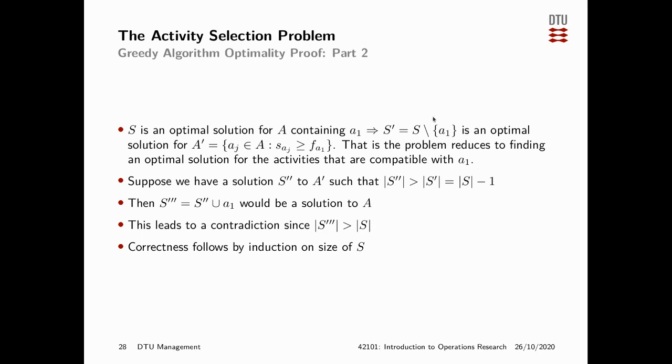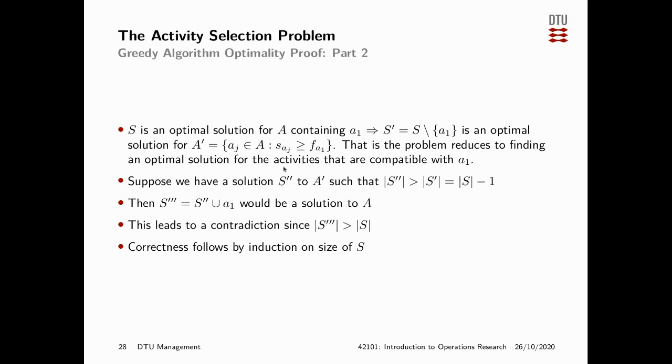And we know the cardinality of this set is just the cardinality of S minus 1 because I'm removing one activity. I'm going to show you that this must be impossible, because if that were true, I could always add activity 1 to that set to give me a solution to the original problem.